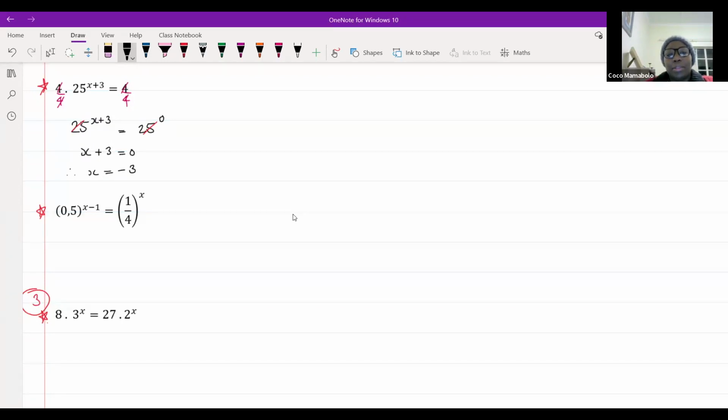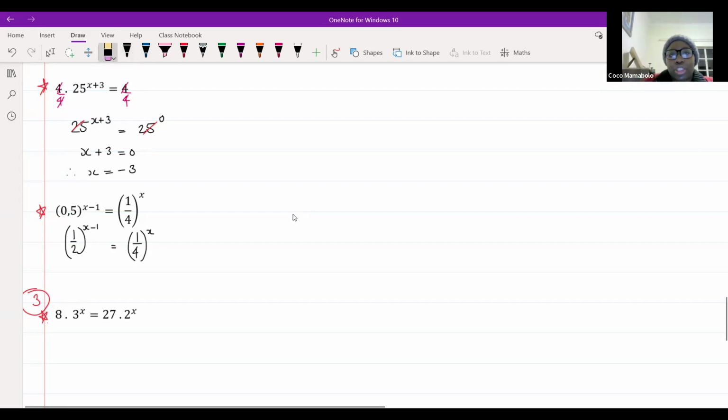In this particular question, I know I can rewrite 0,5 as 1 over 2. 0,5 is the same as a half. So I've got a half to the power of x minus 1 is equal to a quarter to the power of x. Now that I have 1 over something, I can take the bottom and write it as 2 to the power of something else.